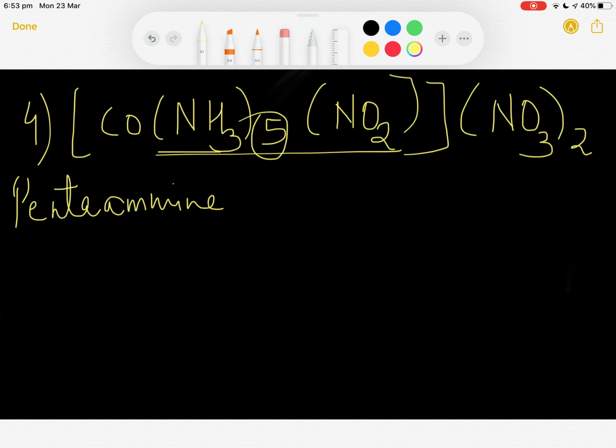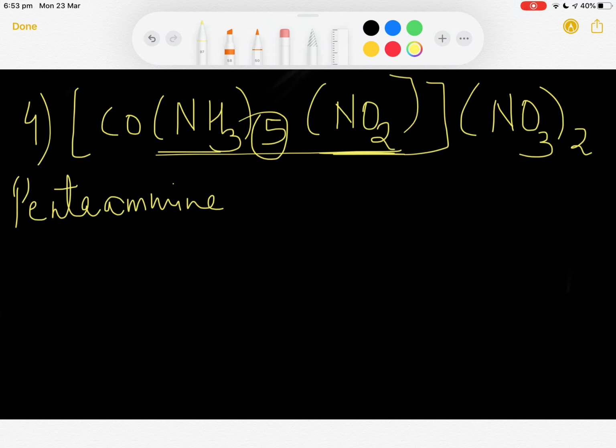Another important thing in this case is nitro, if you remember, it's an example of an ambidentate ligand. That means such type of ligands have two different atoms to coordinate, and the two coordinating atoms coordinate with the metal at different times.